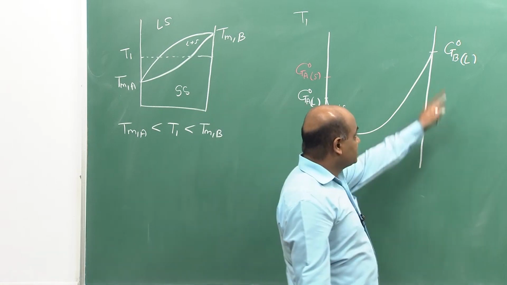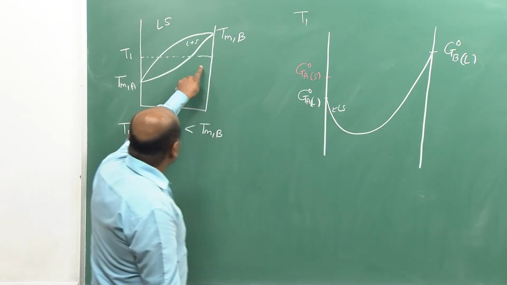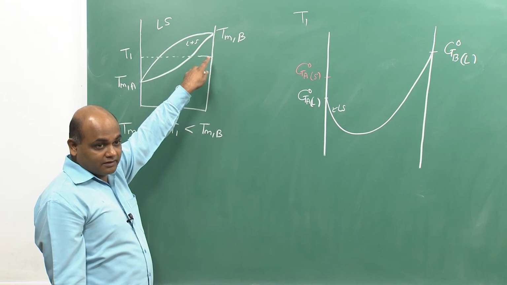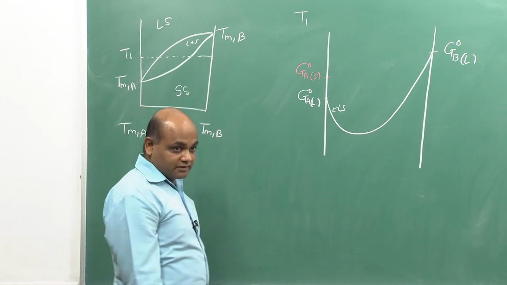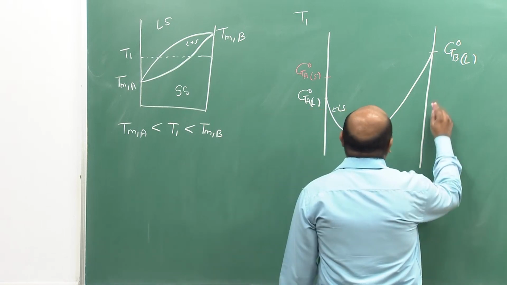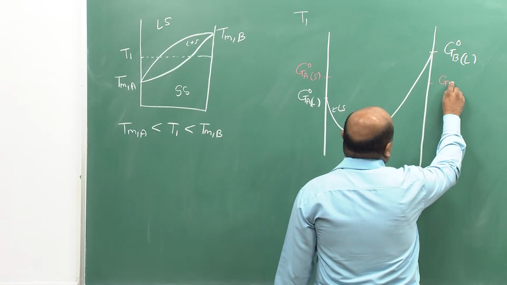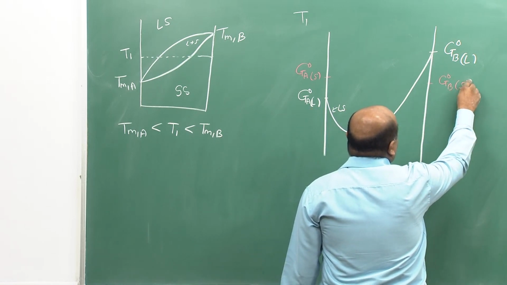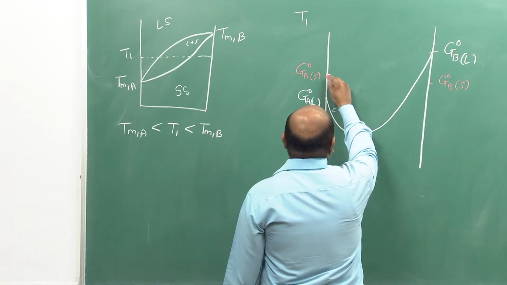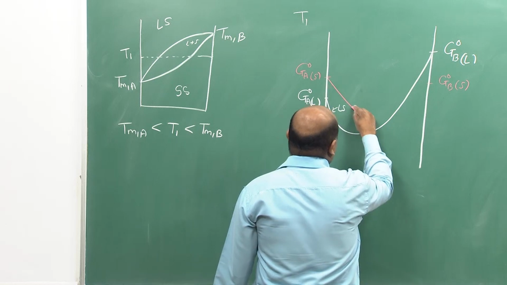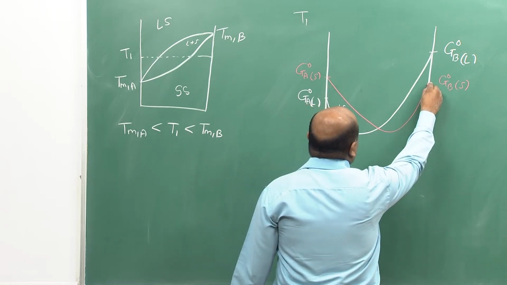What about GB0 solid? T1 is less than TMB. So, at T1 pure B is stable as solid. So, GB0 solid will be lesser than GB0 liquid, and then we can draw a curve for solid solution, right.